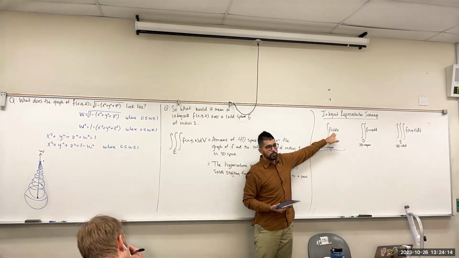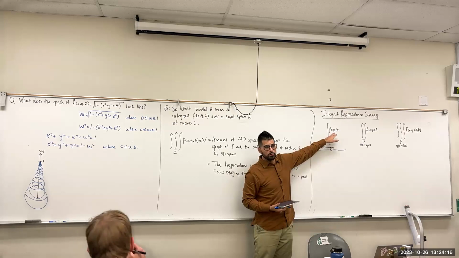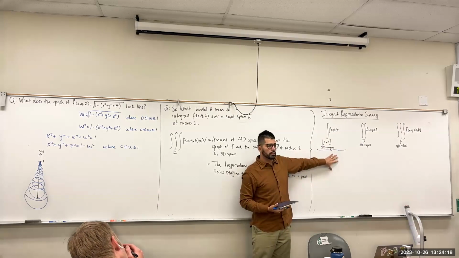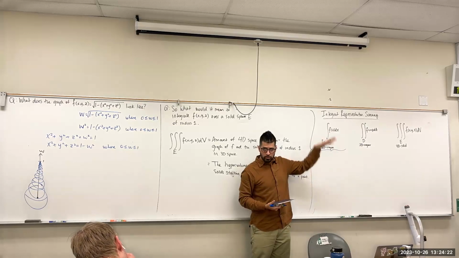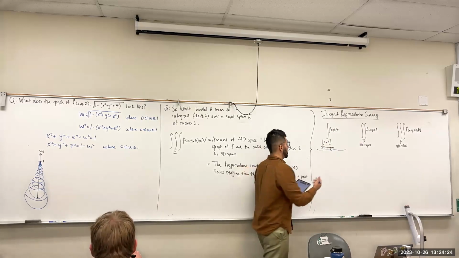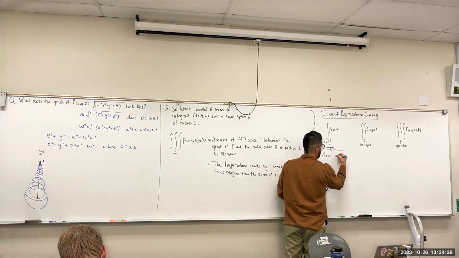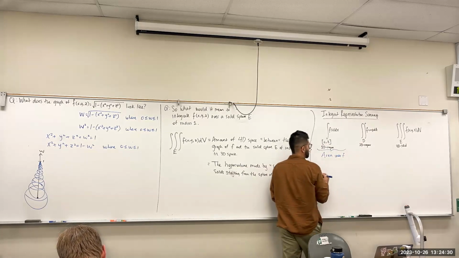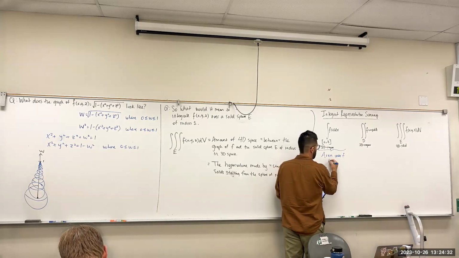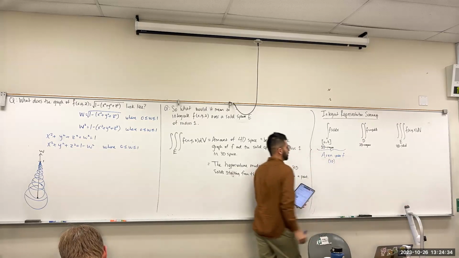When you integrated this and you got a positive number, what did that number represent? Area under the curve, right? So it represented area. Area under F, which is a two-dimensional thing. Area is two-dimensional.